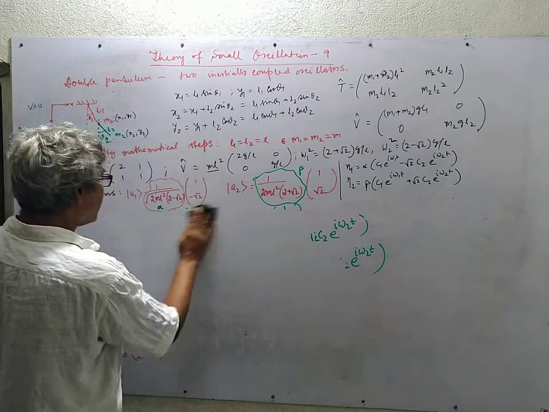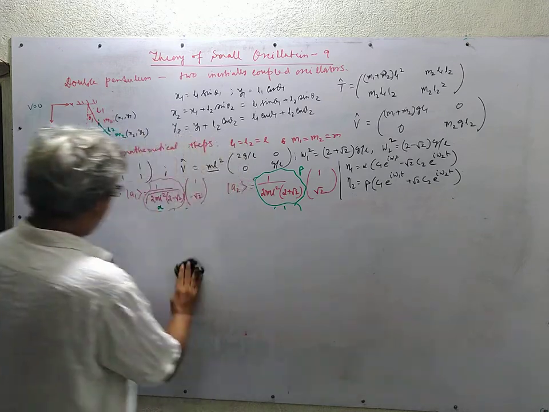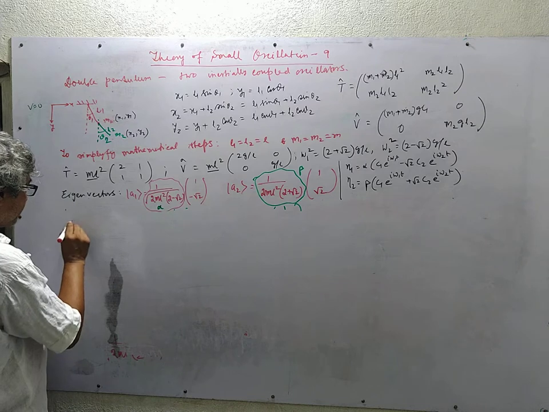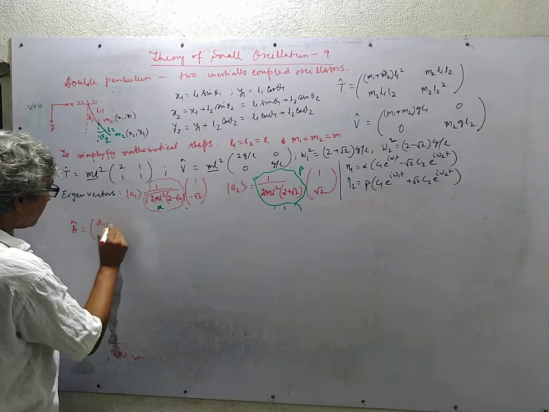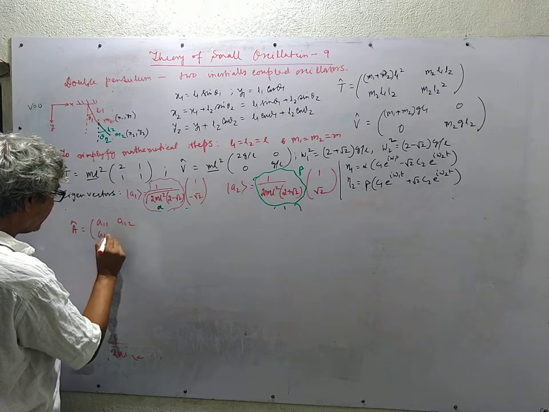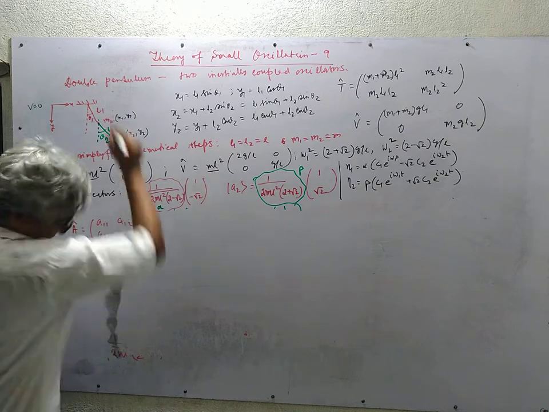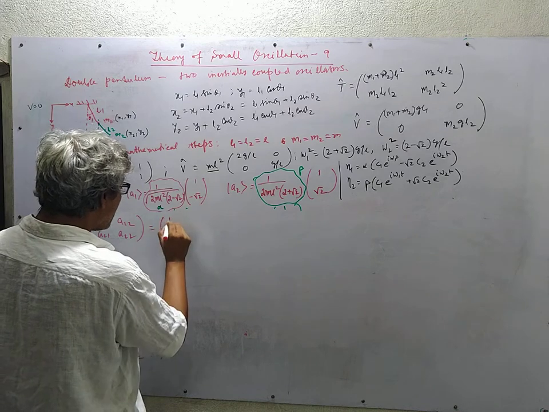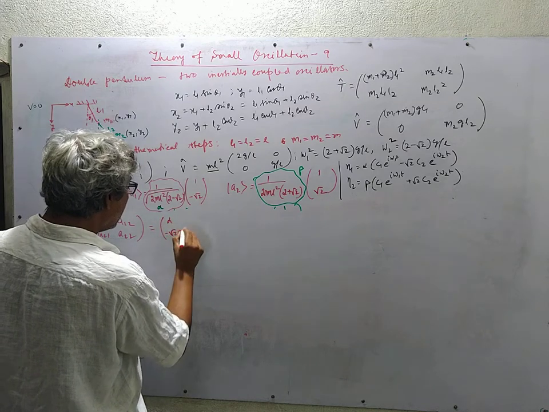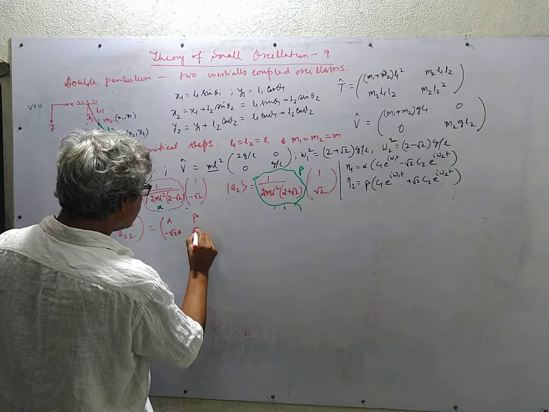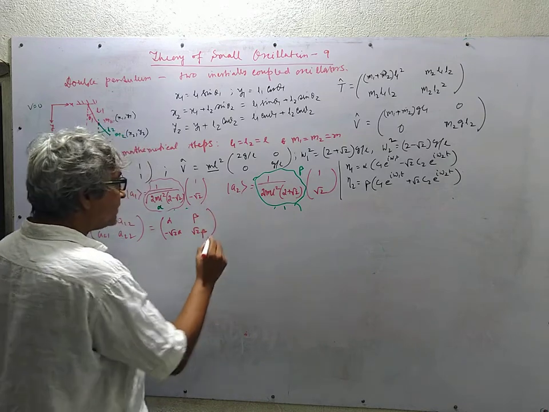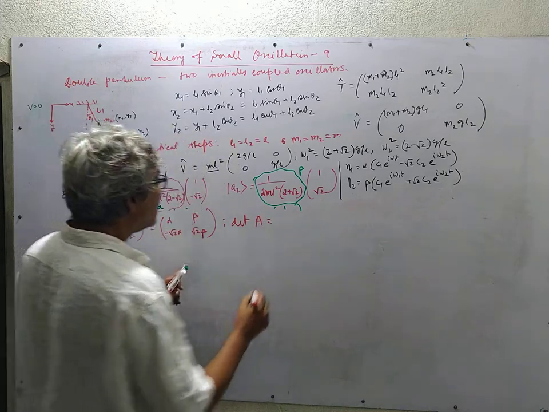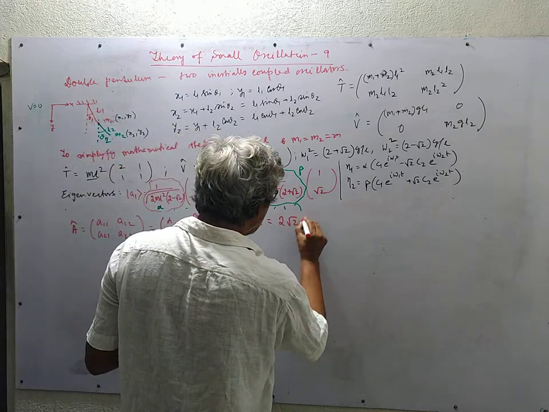The modal matrix A is A11, A12, A21, A22. So this is alpha, minus root 2 alpha, beta, plus root 2 beta. The determinant of it is 2 root 2 alpha beta.